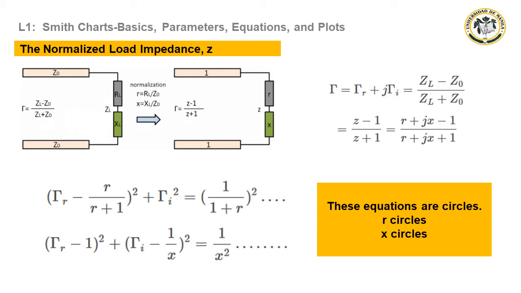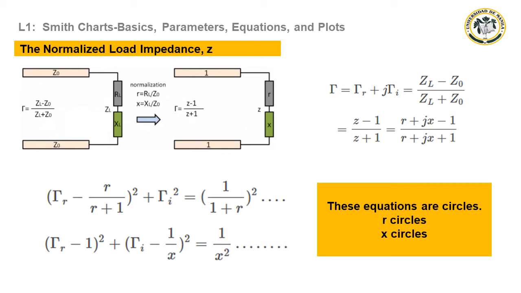So in essence, we will have z sub l minus z sub o all over z sub l plus z sub o. It is equal to z, our normalized load impedance, minus 1 over z plus 1. And we will substitute the value of z, which is r plus jx minus 1 all over r plus jx plus 1.